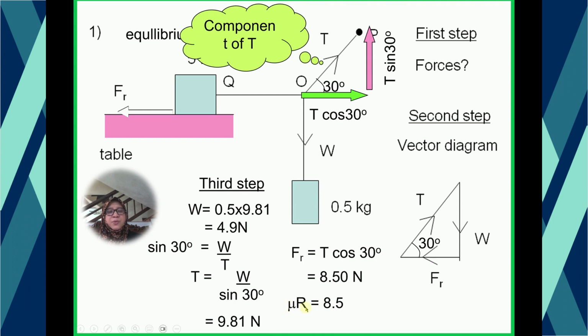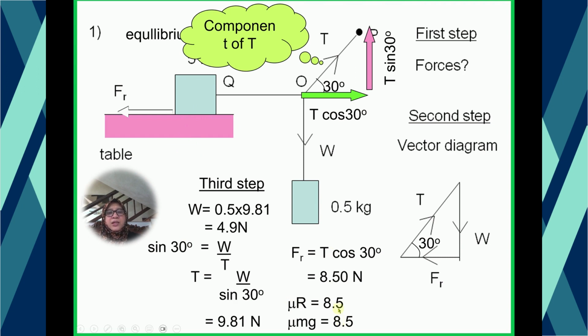We use friction equals mu R. This mu is the static coefficient, so mu s, and R equals mg for this block. For this block, the reaction force upward equals the weight of this block.